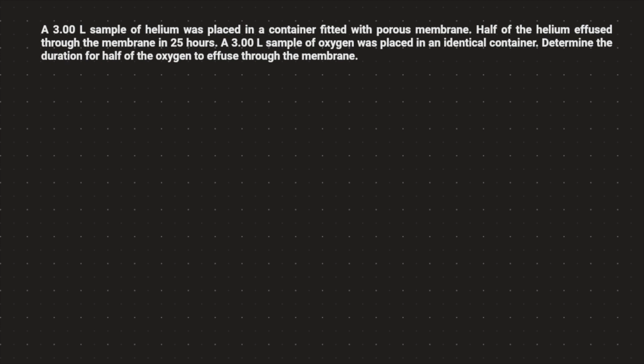From the question, it is stated that half of the helium effused in 25 hours. The total volume of helium available is 3 liters, so half of it means 3 divided by 2, which is 1.5 liters.